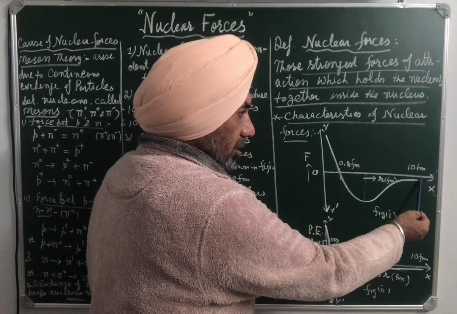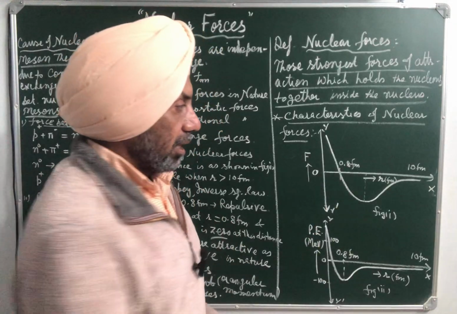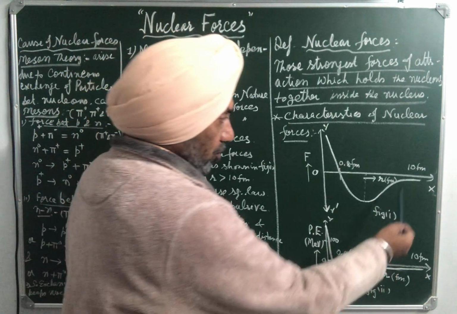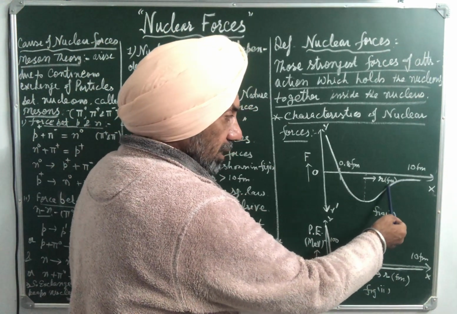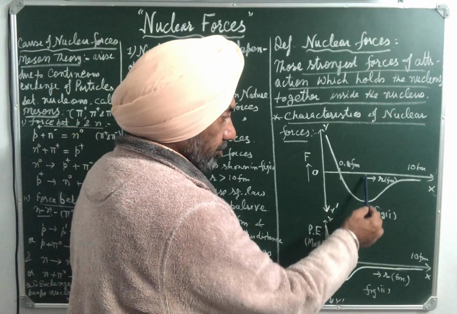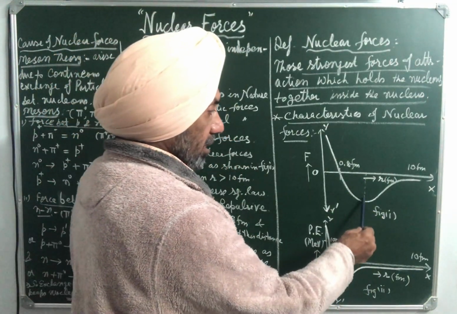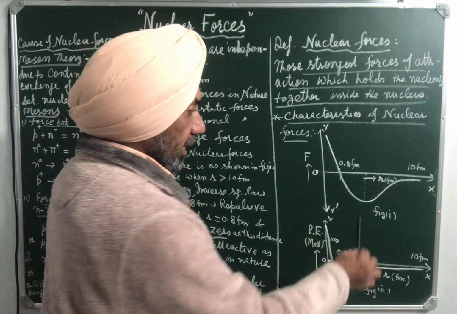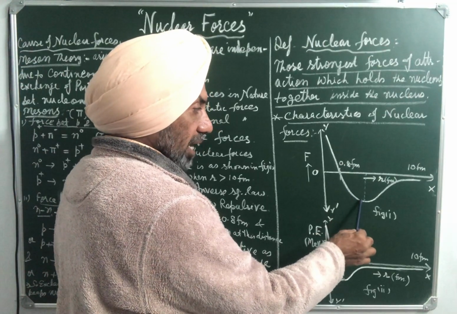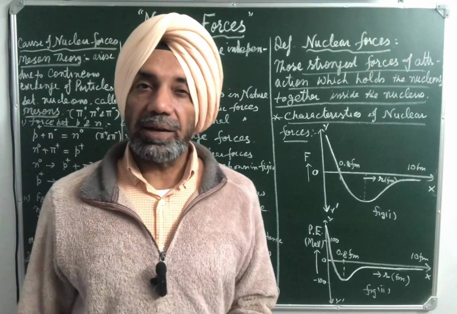And as the nucleons approach each other, suppose there is one nucleon at the origin and another nucleon is approaching this nucleon, the force of attraction increases and becomes maximum at a certain distance. Then the negative force of attraction starts decreasing and becomes zero at about 0.8 Fermi.